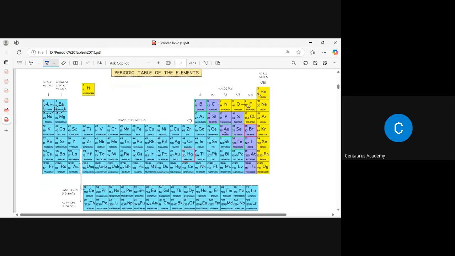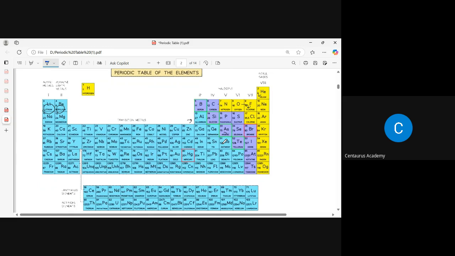Okay. Now, one more thing that you need to know, which is usually asked in paper 4, is that one question definitely comes up, approximately 6 to 8 marks or 8 to 10 marks. They ask you about the state symbols at room temperature and pressure of the different chemical elements.